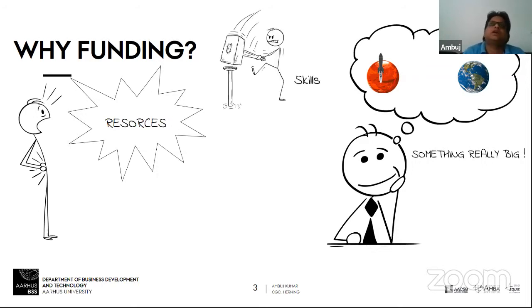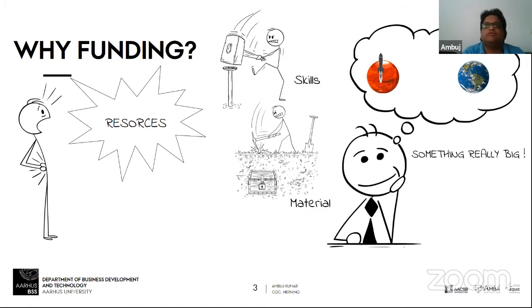The resources are normally in two wide forms. You can be more granular in this context, but there are majorly two things. One is skill. Skill is the ability of a person to deliver some action, and the other is material.